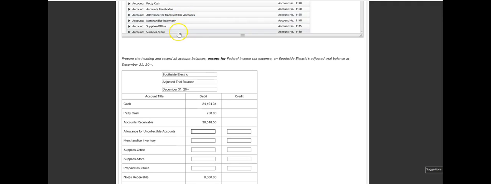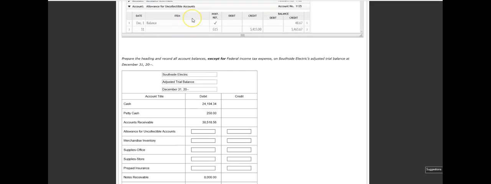Alright, allowance for uncollectible accounts. I think it was 3,463.67. Yep. Just making sure of one thing. Adjusted trial balance.